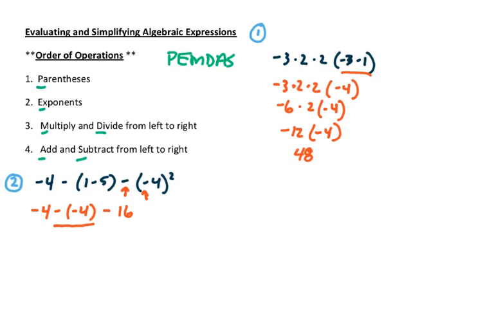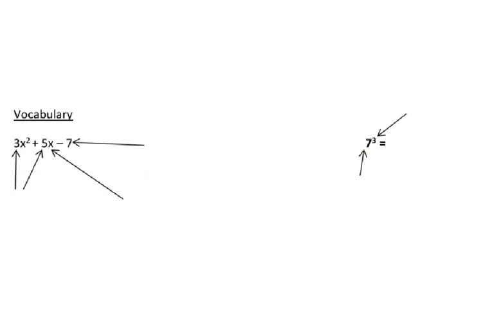We know negative negative has to change, and it becomes positive. We've got a positive 4 there, minus 16. These two are going to cancel out to 0, which is going to leave us with just an answer of negative 16.